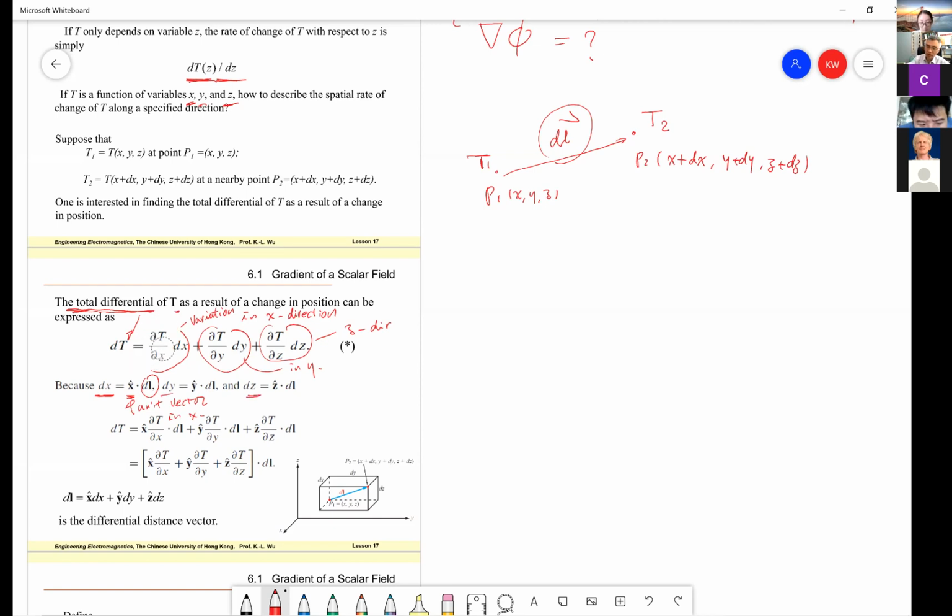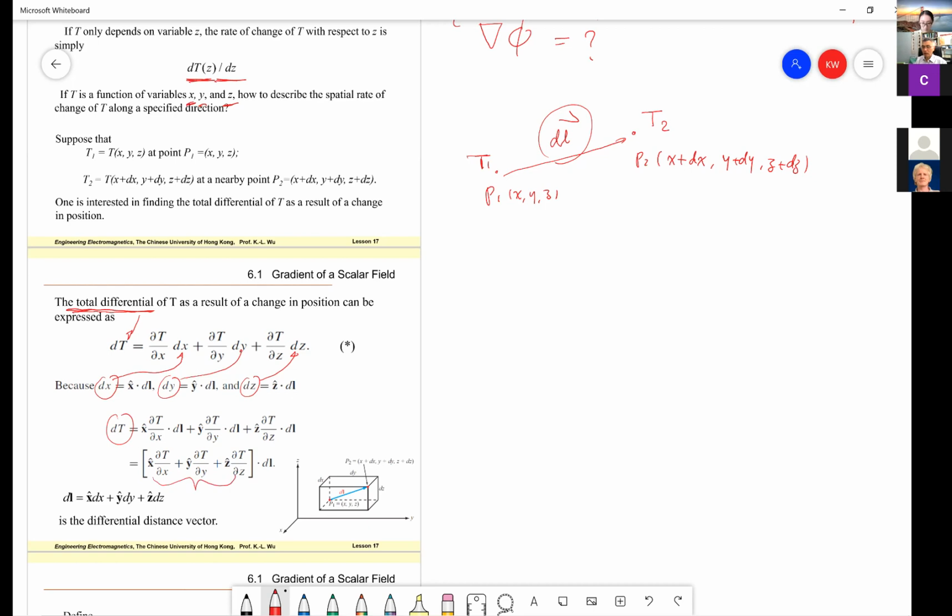Then we replace this, and we can write the total differential like a dot product of two vectors. This is a vector we are very familiar with. What is this? This is delta. Delta is a vector differential operator.